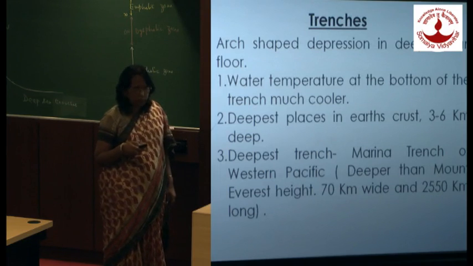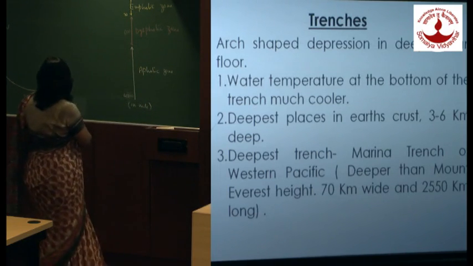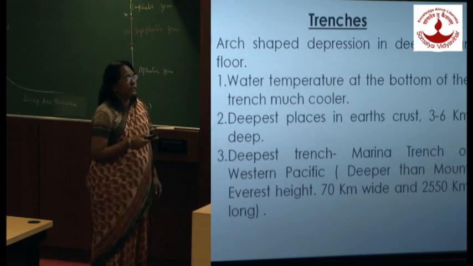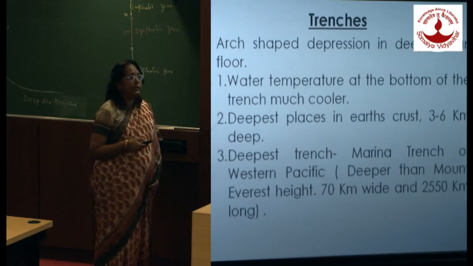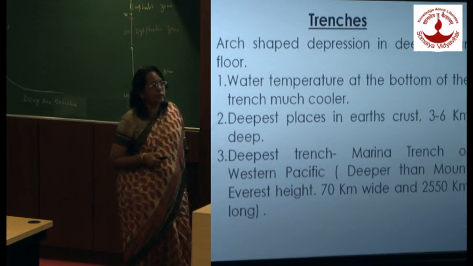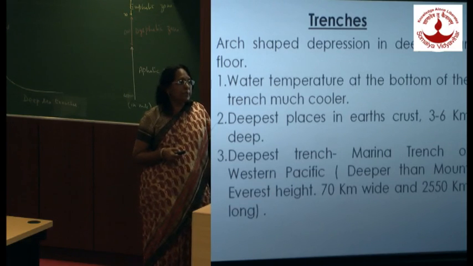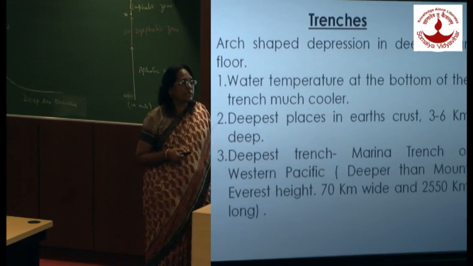Now we talk of the trenches which are present here. These are arc-shaped depressions in the deep ocean floor. The water temperature at the bottom of the trench is much cooler. They are the deepest places in Earth's crust, almost 3 to 6 kilometers deep.